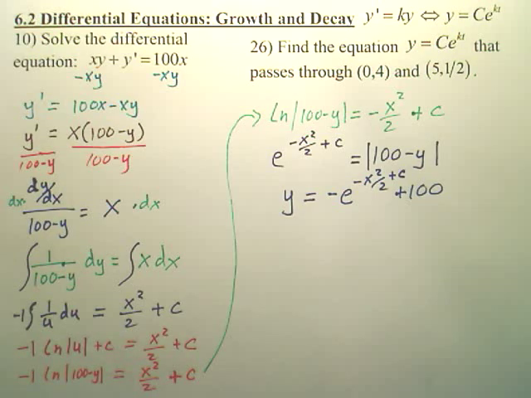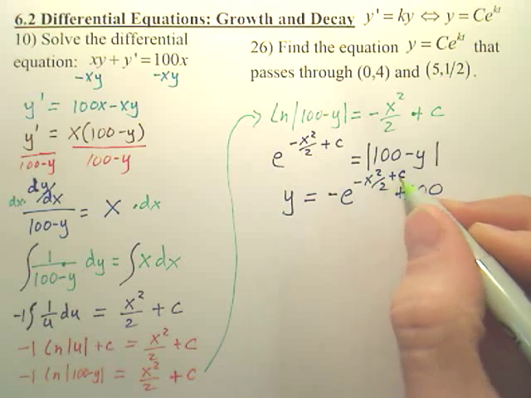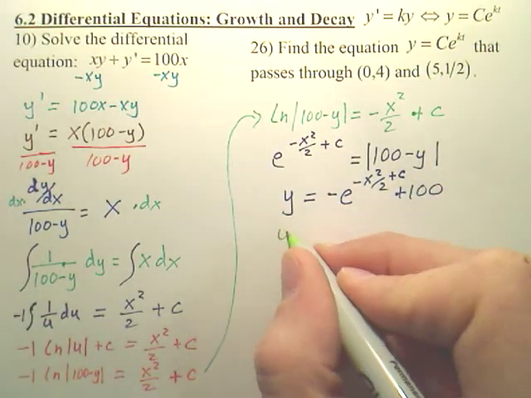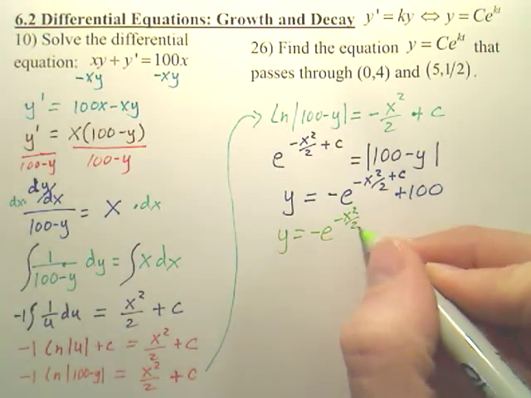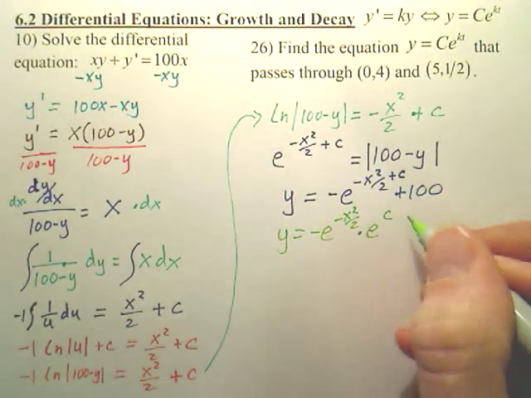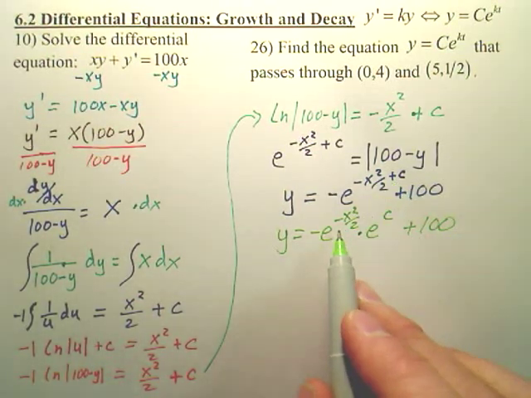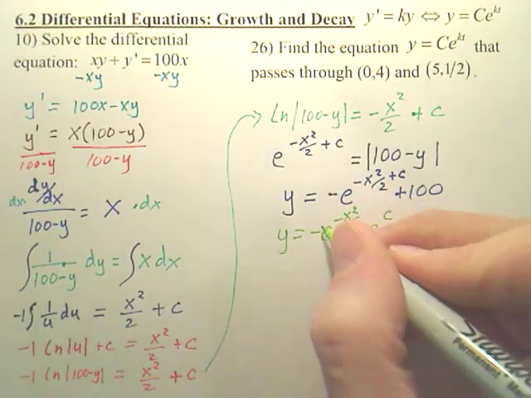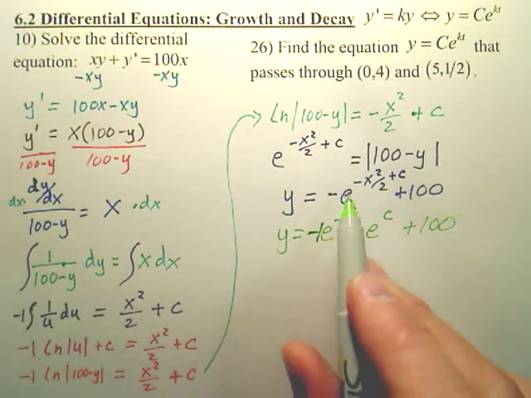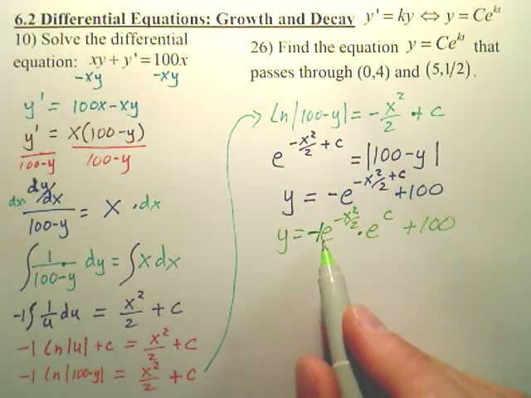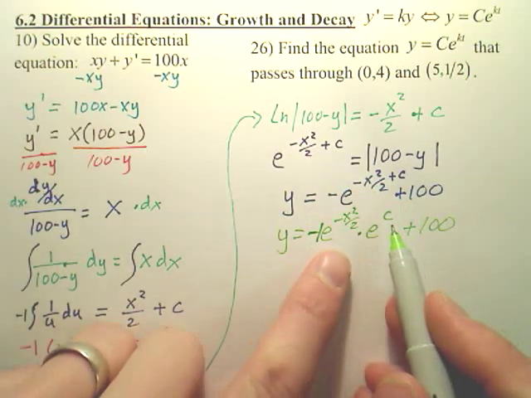Now, wait, my c's in a weird spot. This is going to kind of mess some of you up. But do you understand when you're adding exponents? Watch this. What you have to realize is when I add exponents, can I simply make them both the same base? Can I make just a negative 1 out front? And then can I just separate these?